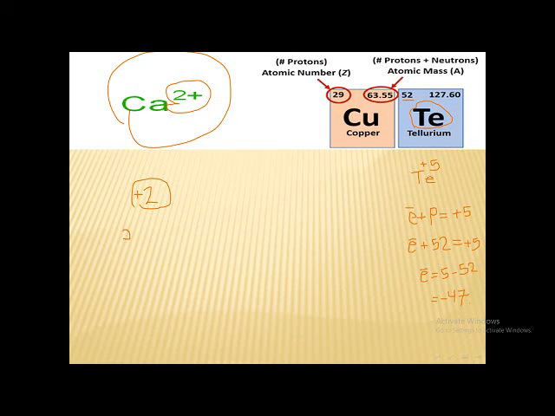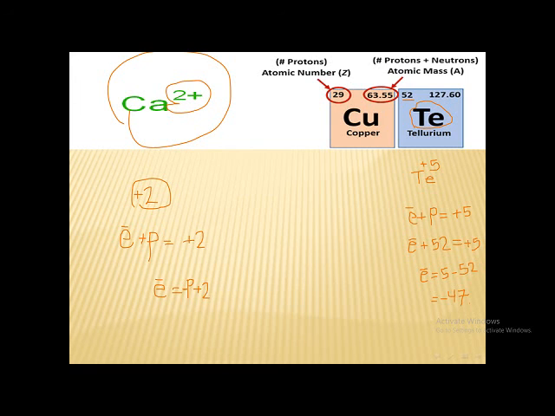So we have this equation again. Electron plus proton will give you a +2 charge for the atom. So the number of electrons is 2 minus the number of protons.